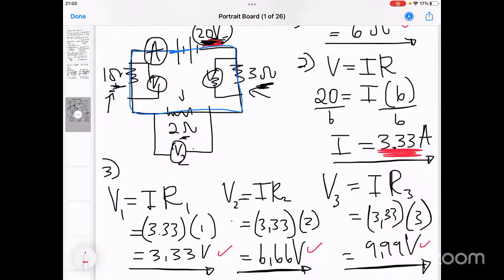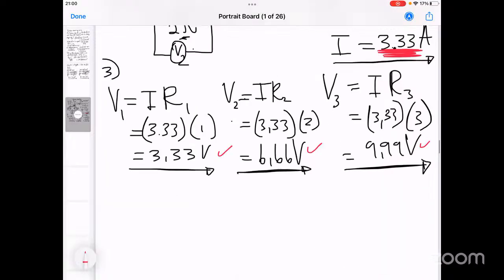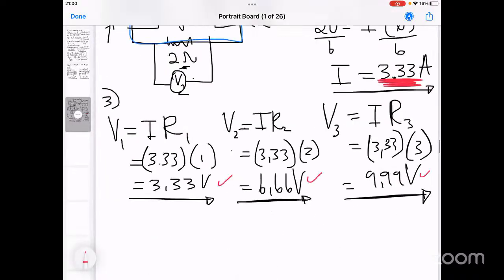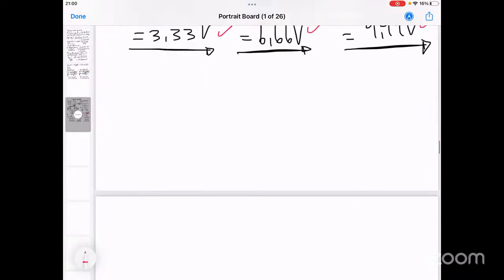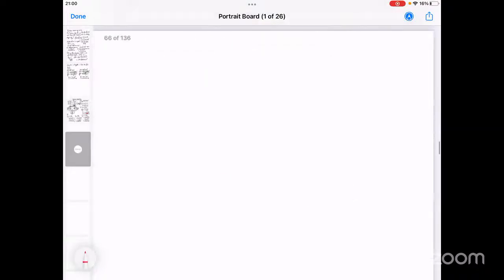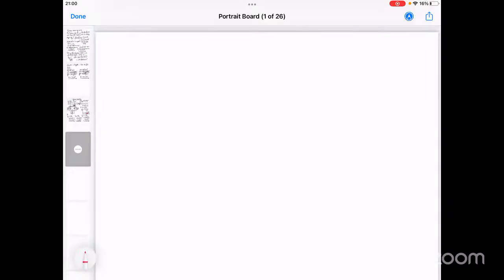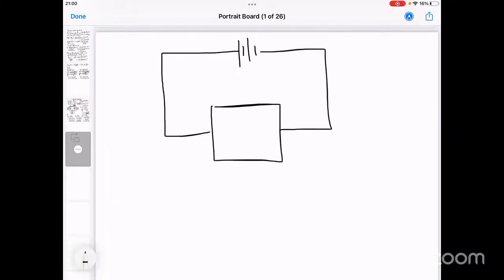So now let's try to look at another type of circuit, for the same type of calculations. Let's say we have a separate battery there, it doesn't really matter much. We end up having this, and that, and that.